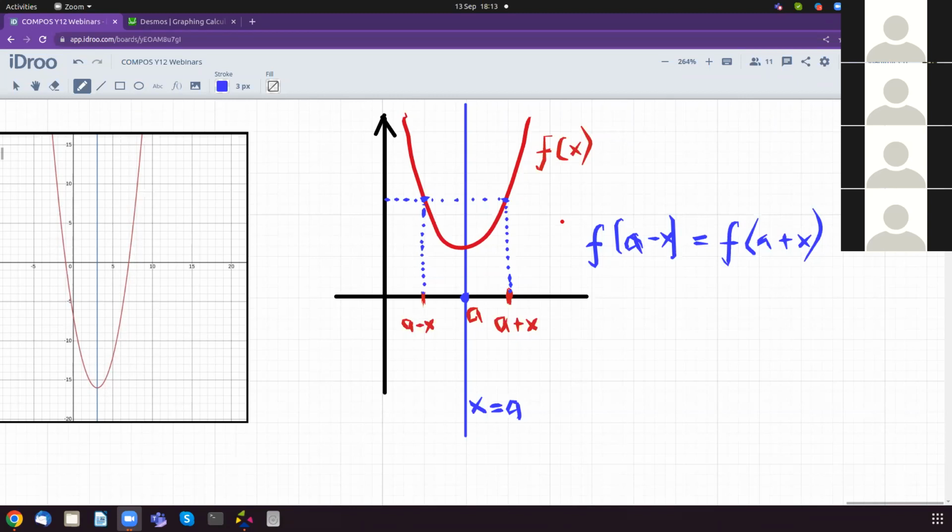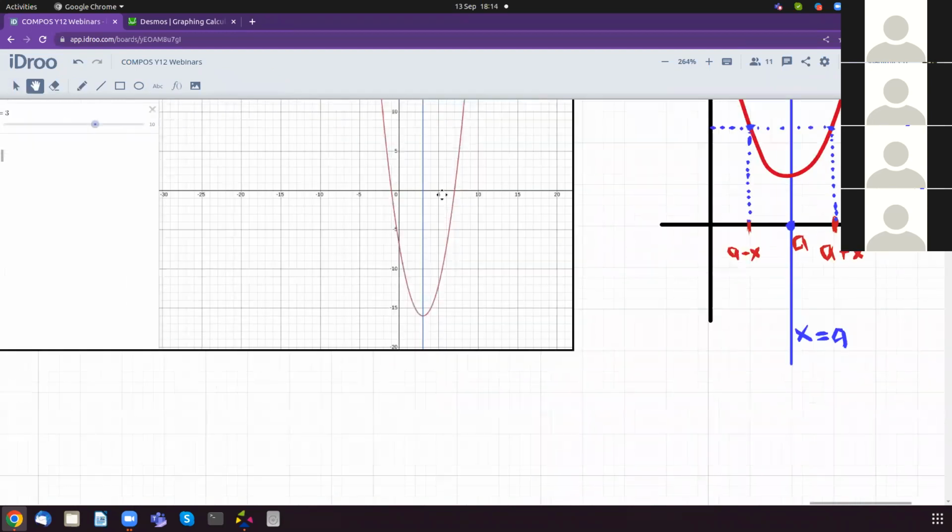So brilliant. And that's the thing. So x equals a is a line of symmetry if this is true, and that's what we're going to use.